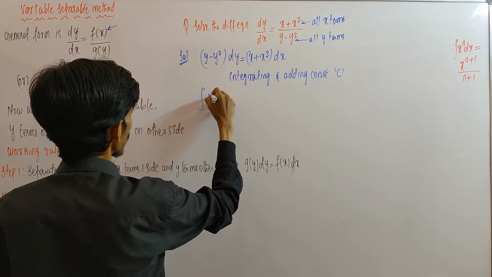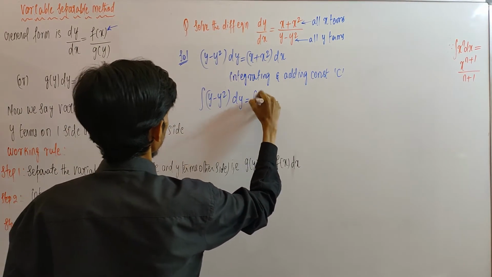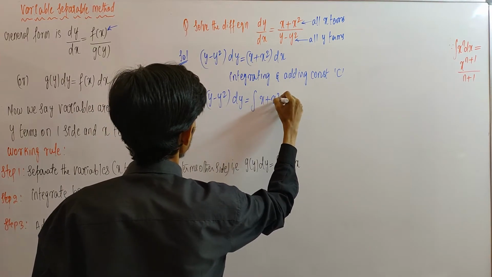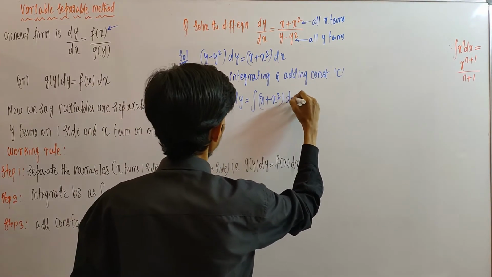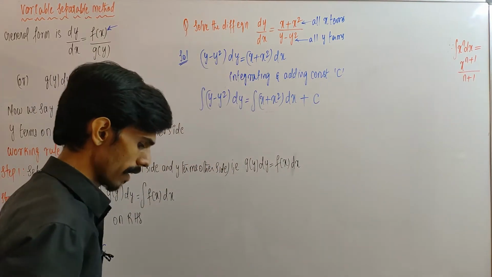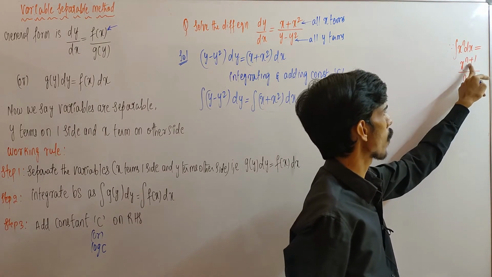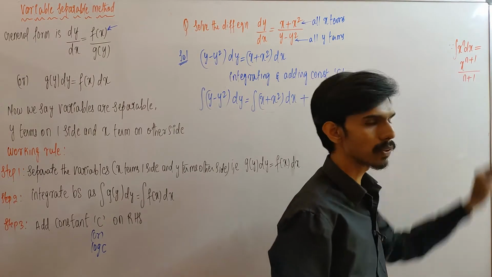Here I will get integration of y minus y square dy is equal to integration of x plus x square dx plus constant c. Now we know that integration of x power n dx is x power n plus 1 upon n plus 1.